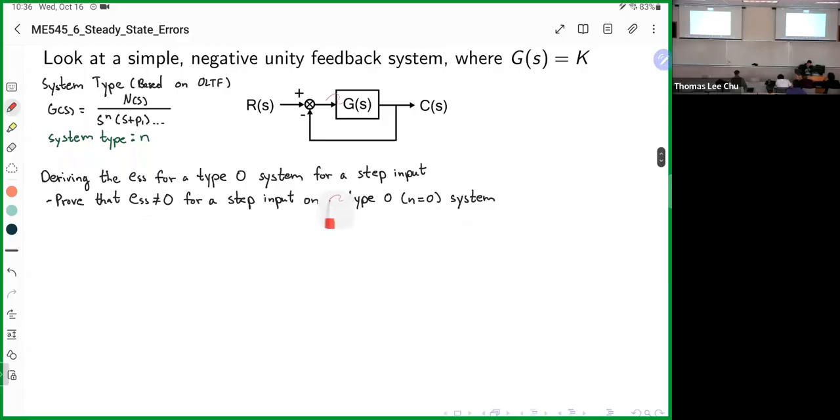To start the proof, first we have to look at error, which is going to be R of S minus G of S times H of S times C of S. Or actually, sorry, it should be C of S times H of S, where H of S is equal to 1 here. This is unity feedback, as a little note.